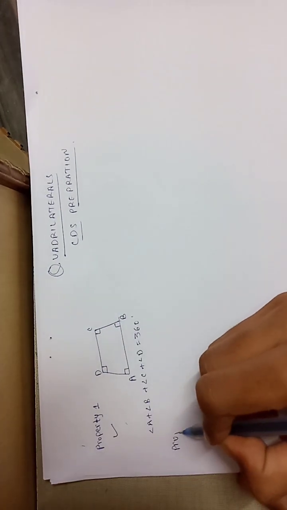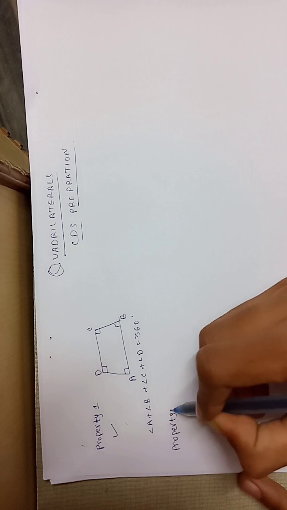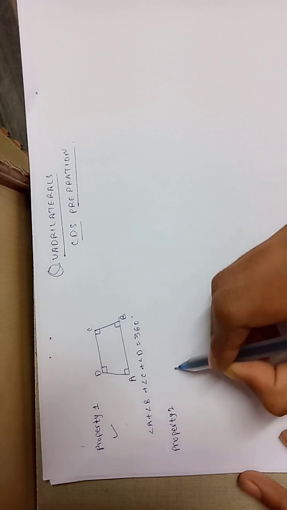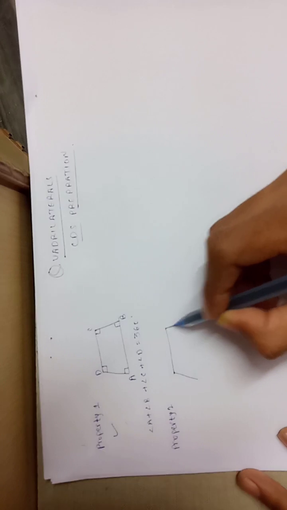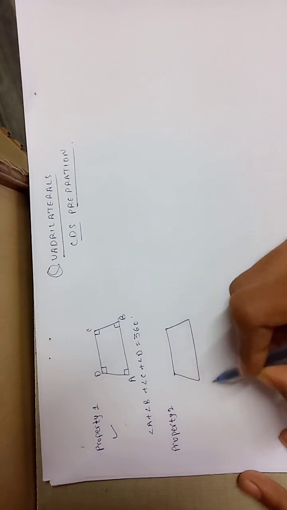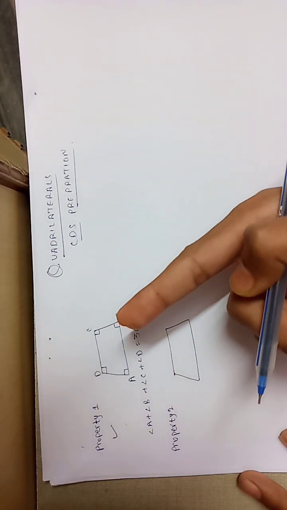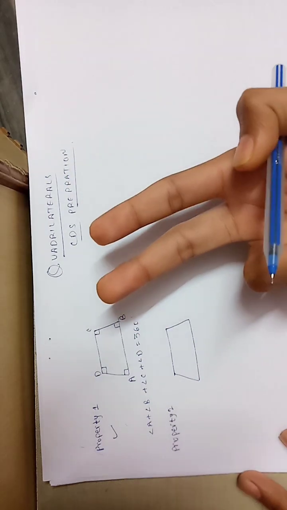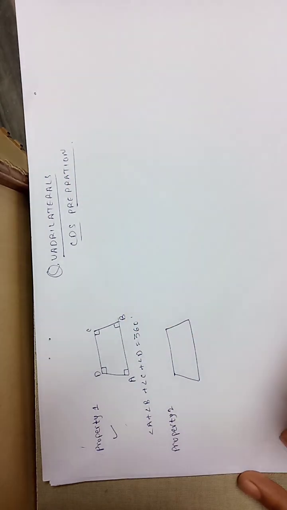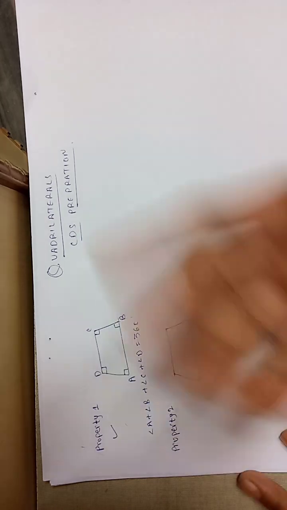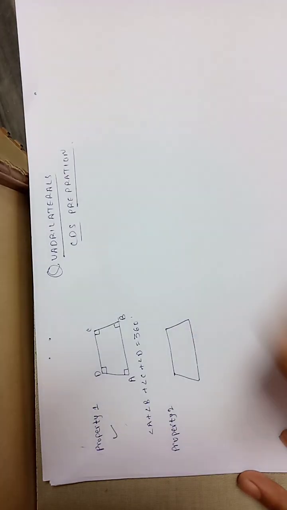Now we will move further to property number 2. We will draw the same quadrilateral here by joining the four sides. Square is also a quadrilateral, rectangle is also a quadrilateral, a rhombus is also a quadrilateral, trapezium is also a quadrilateral.